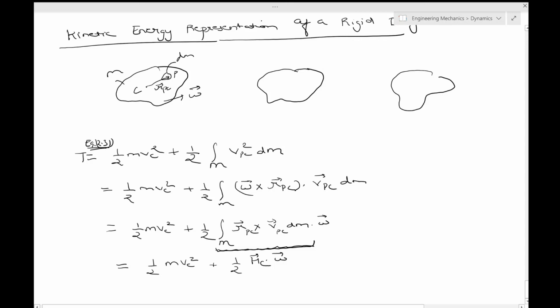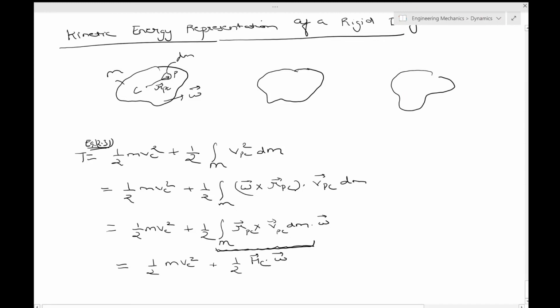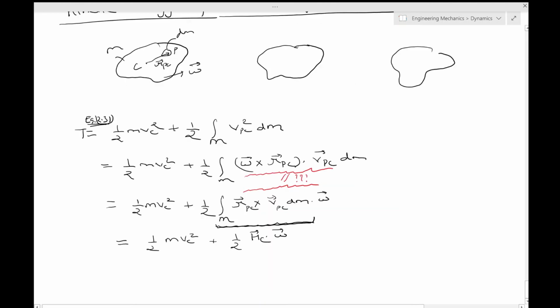One question which we have over here is: how is this written as this? Please try to come up with a reason. How can this be true? I think you should be able to do this.